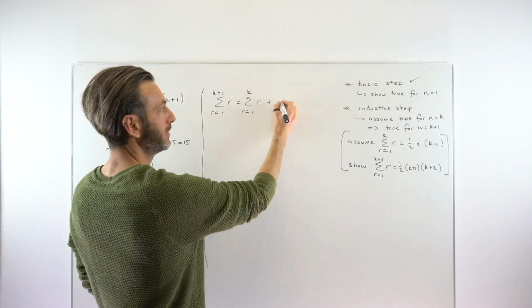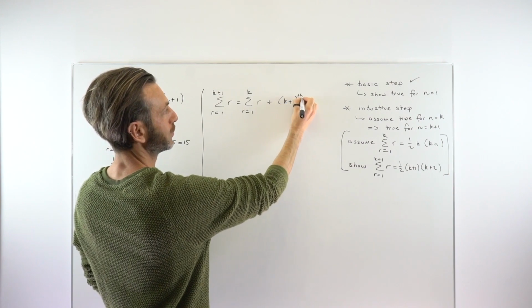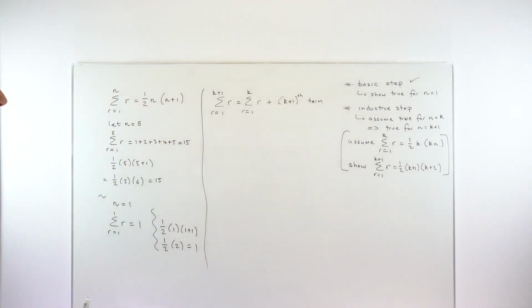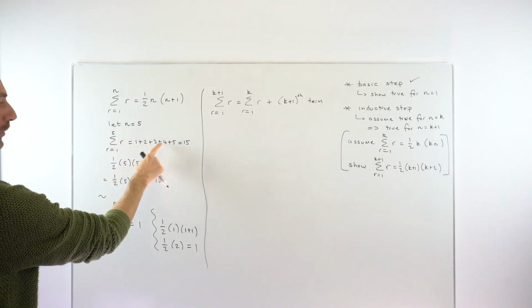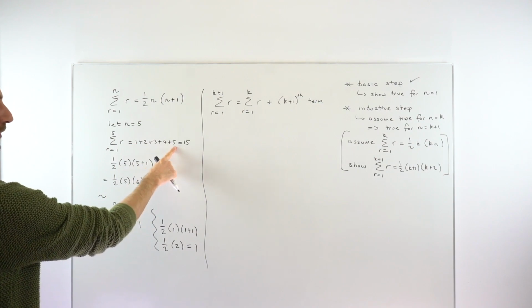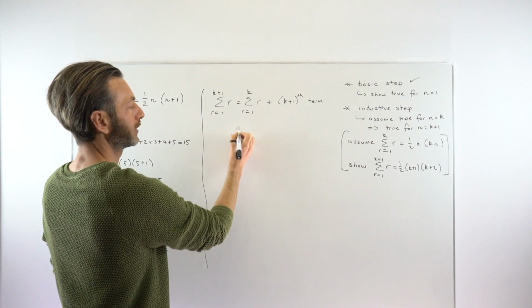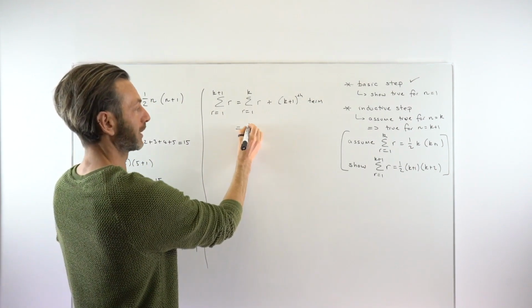I'm just going to write this in. You wouldn't normally write this in, but just for demonstration, the thing we're going to add to this is the k plus 1th term, the final term, if you like, in the series. A little bit like splitting the sum from 1 to 5 as a sum from 1 to 4, and then adding on the 5th term, which would be 5 in that case. So what does that k plus 1th term look like? Well, it's just r replaced with k plus 1 in this particular case.